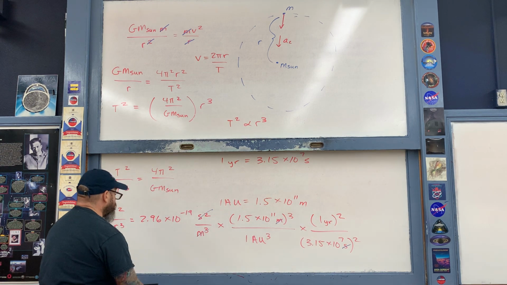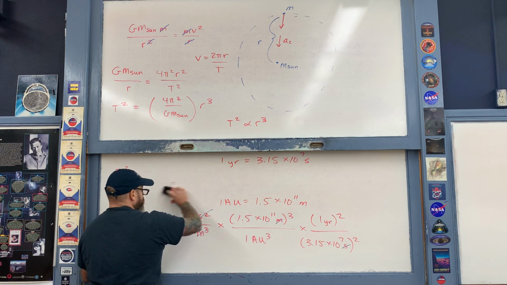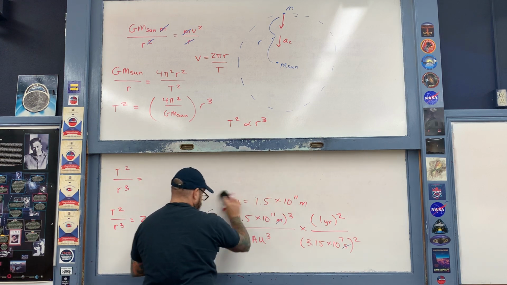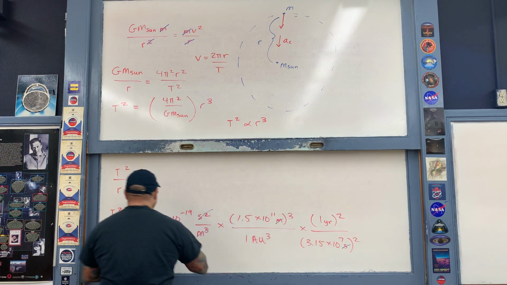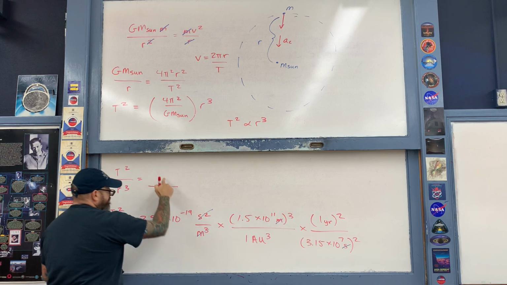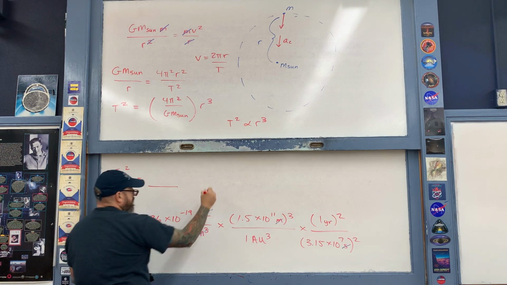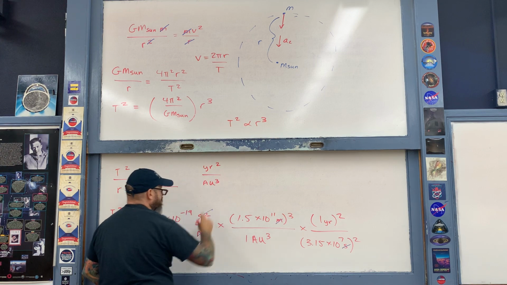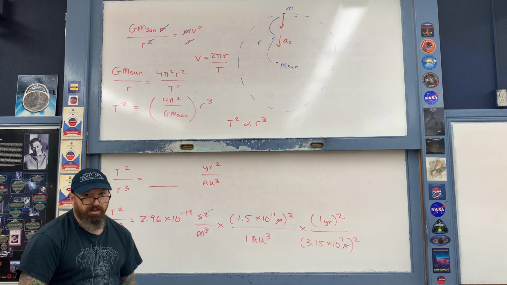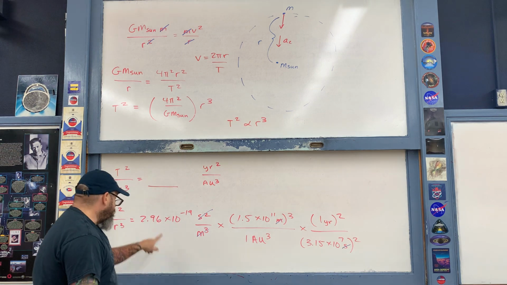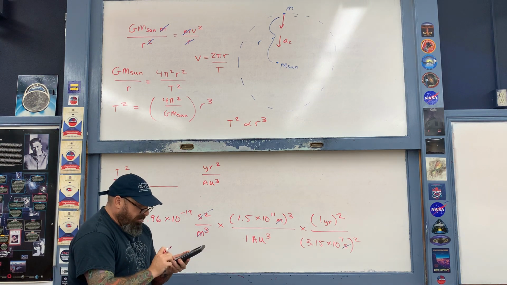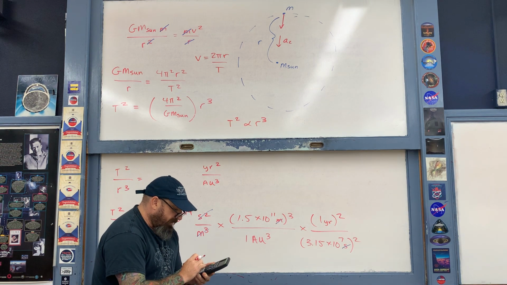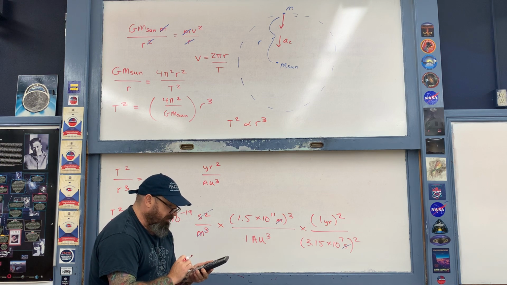So now let's see what happens when I punch everything out. All right, so the number that I'm going to obtain, I'm going to put right here in this space. And then once again, when I do the math here in just a moment, we will now be in the correct units. Years squared per AU cubed. All right, now I still have this number here in my calculator. So then multiply by 1.5 times 10 to the 11th raised to the 3rd power.